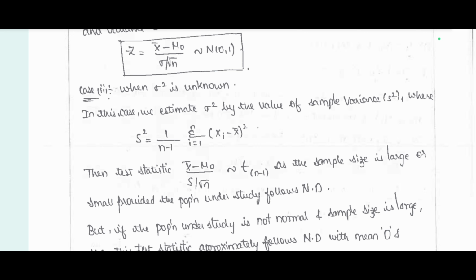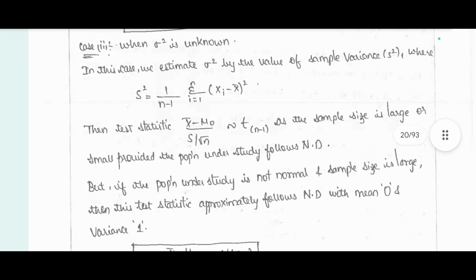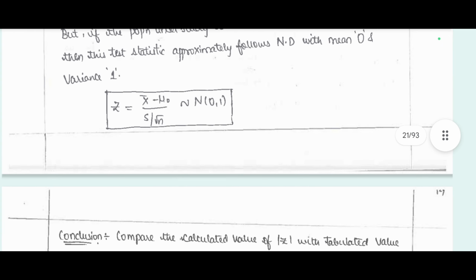Generally it follows the normal distribution. But if the population under study is not normal and the sample size is very large, then the test statistic approximately follows normal distribution with mean 0 and variance 1.